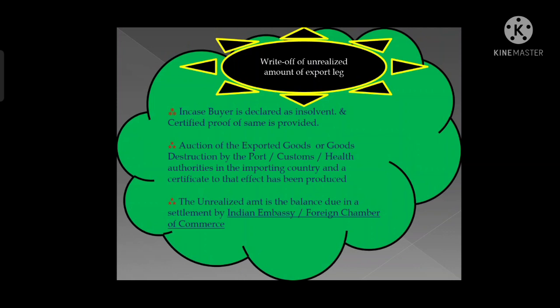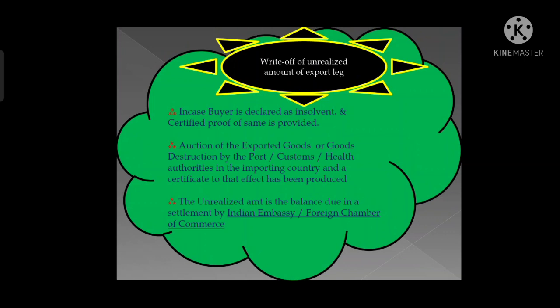Means if the buyer is insolvent, then documented proof is required which should state that the amount cannot be recovered from that buyer. This wording should be there: the amount cannot be recovered from that buyer.